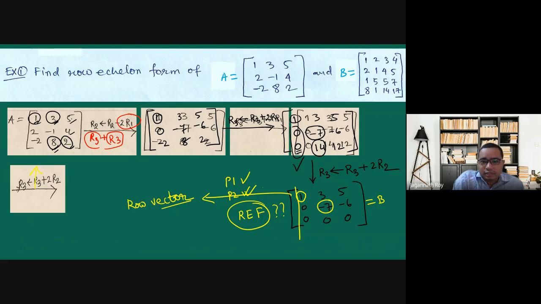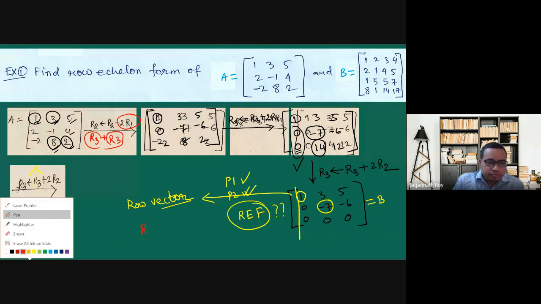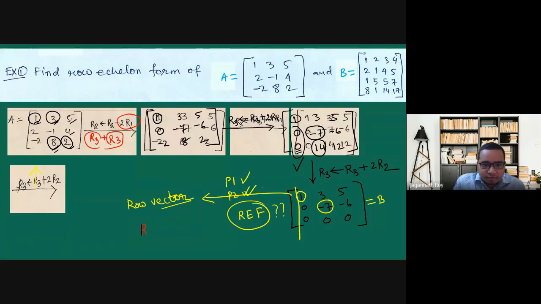So now remember the definition of rank. The rank of the given matrix A will be the number of non-zero rows in the echelon form. So here it is 2 only. So 2 non-zero rows are there in the echelon form, so the rank of A is 2.